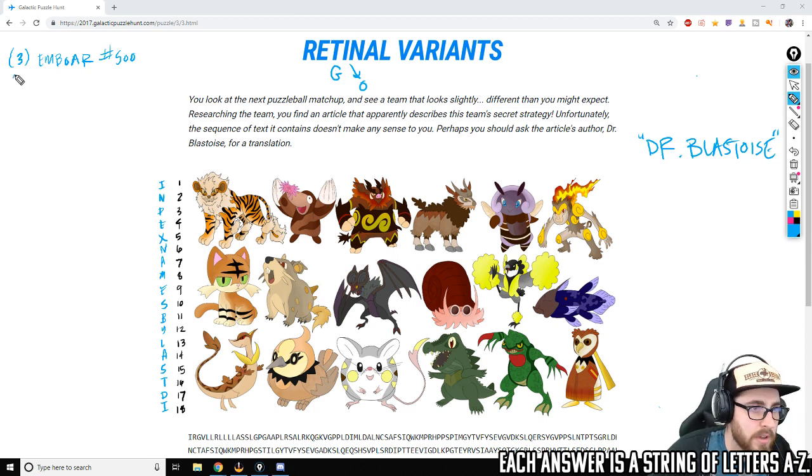Oricorio is number 11. And that one is number 741.